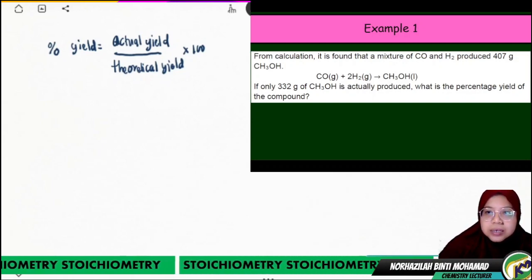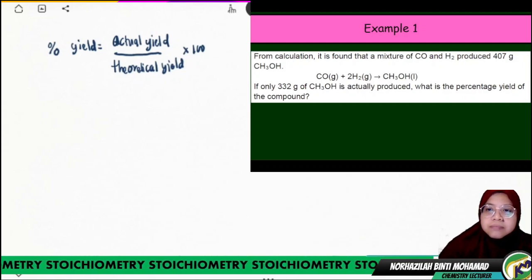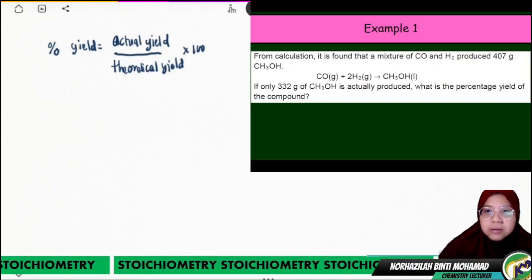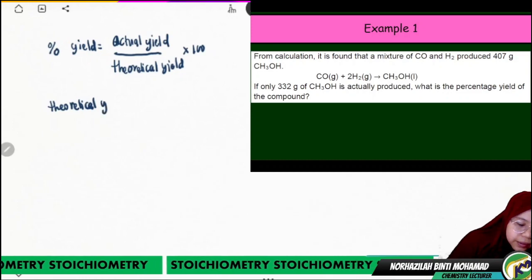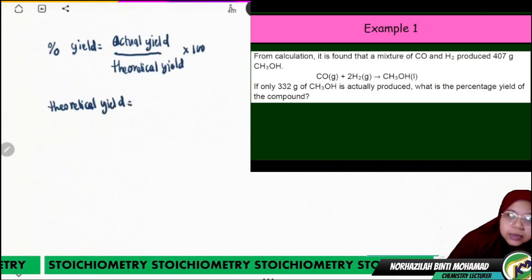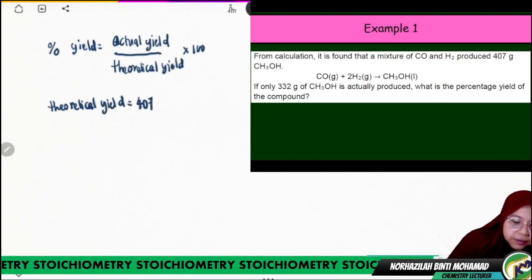So from calculation, it is found that a mixture of carbon monoxide and hydrogen produces 407 grams of methanol. That means the 407 grams is our theoretical yield. Okay, the theoretical yield is 407 grams.